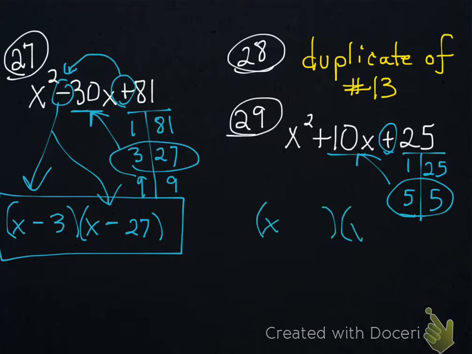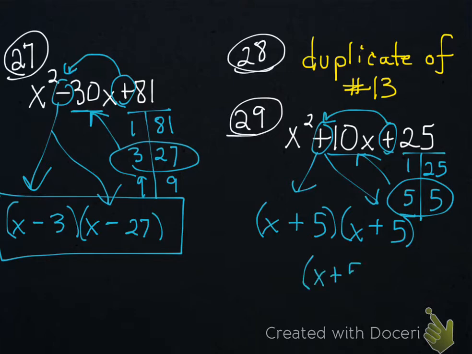I write my binomials with x's in front. 5's go at the end. 25 is positive, so they both have the same sign as the middle. The middle term is positive. So it's x plus 5 times x plus 5. Because the binomials are identical, we can write it as x plus 5 squared for our factored form.